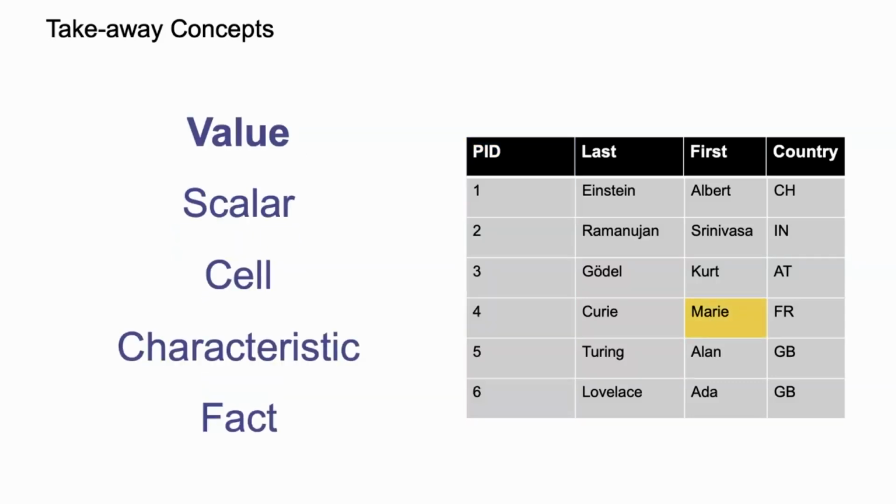And finally, we have the values, or the cells, or the scalars, if you think like a mathematician, or characteristic, or a fact. So this is one single specific cell in the table. Scalar, it's interesting that some people call it scalar. I think it's a little bit the same thinking that when you have a vector space or an algebra, you distinguish. Who is familiar with vector spaces?